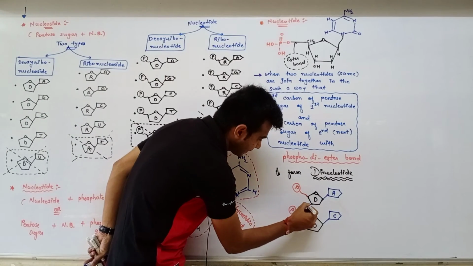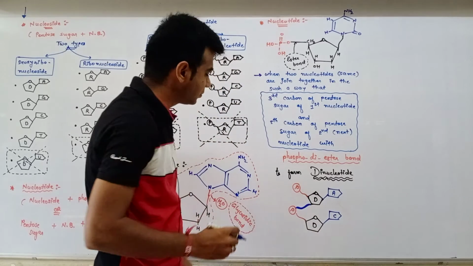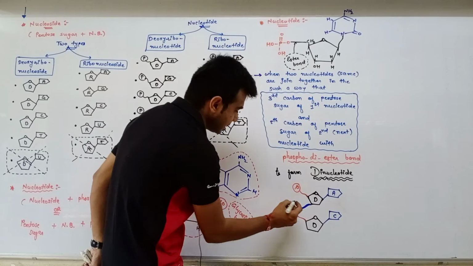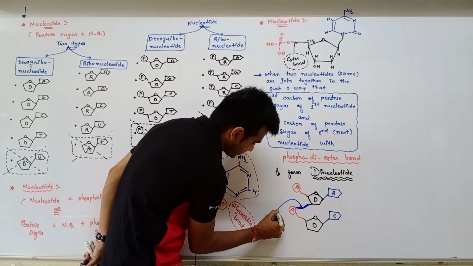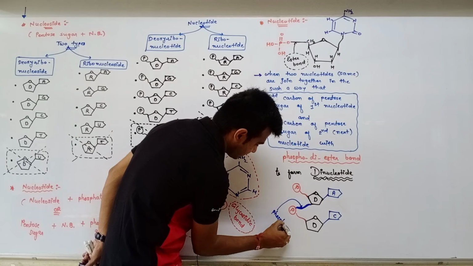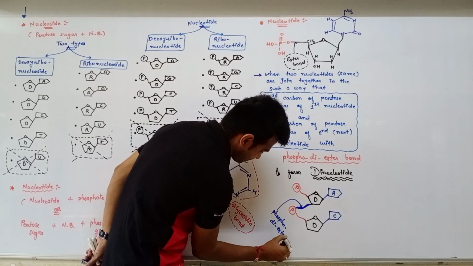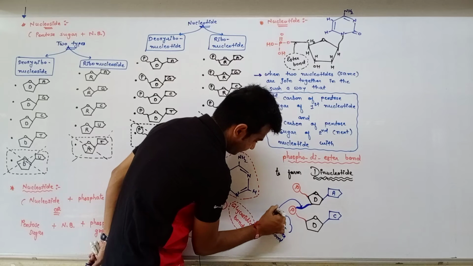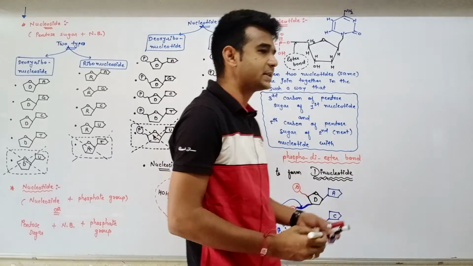Here this one. As you know that these are glycosidic bond and these are ester bond. Now this bond is known as phosphodiester bond.